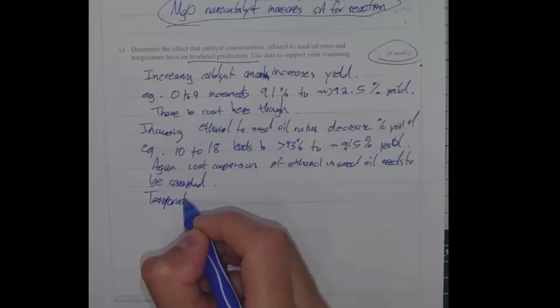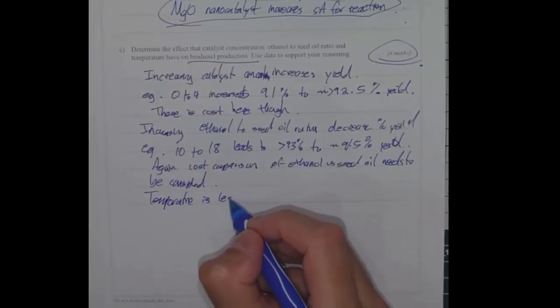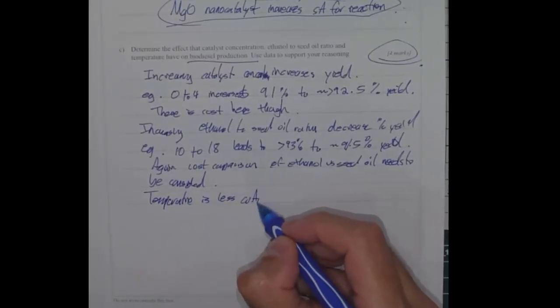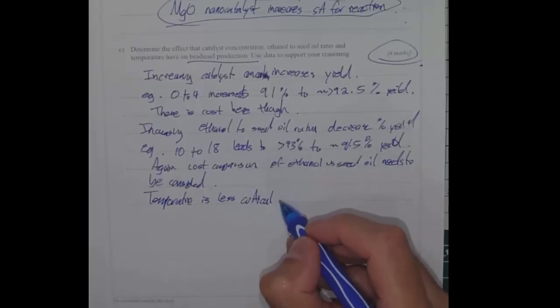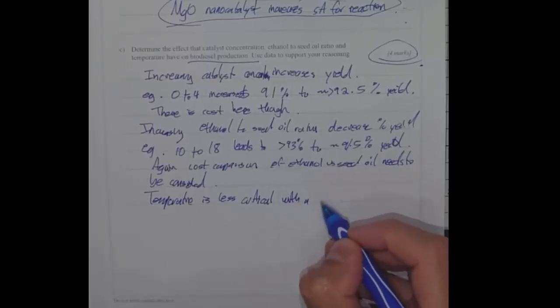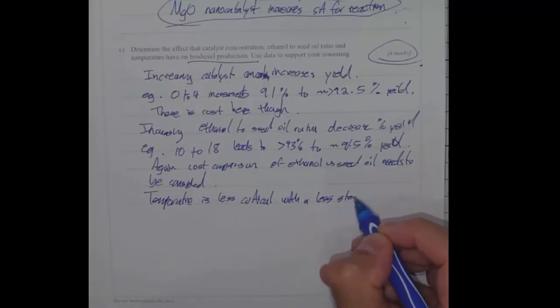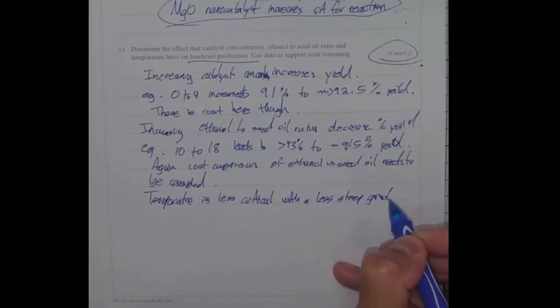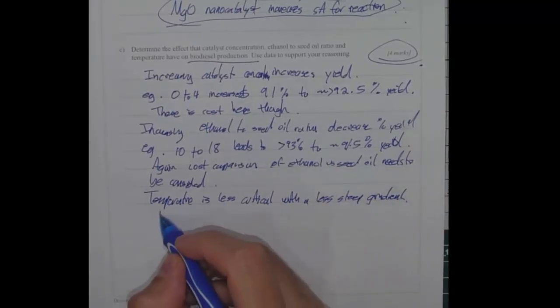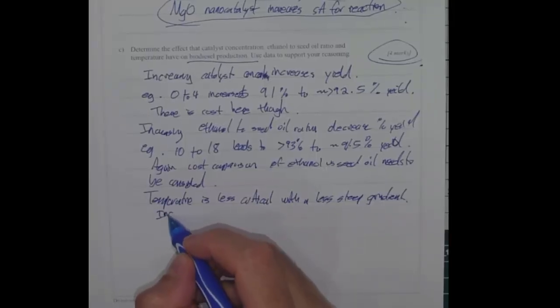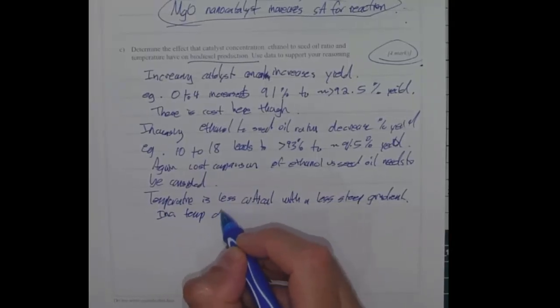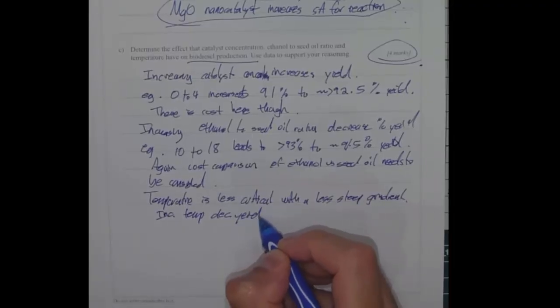Temperature is less critical with a less steep gradient. Increasing temperature decreases yield.